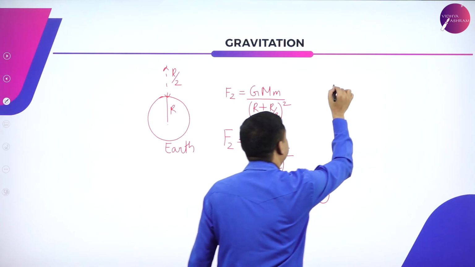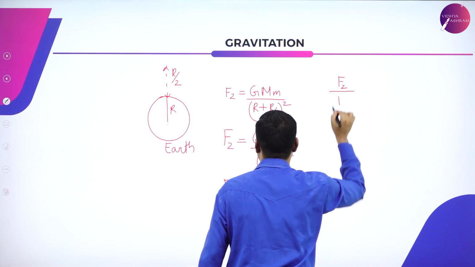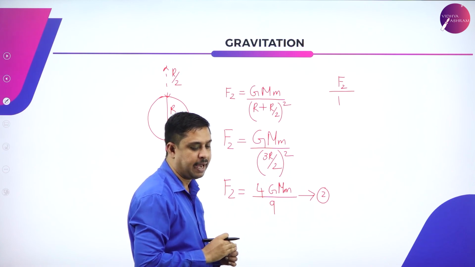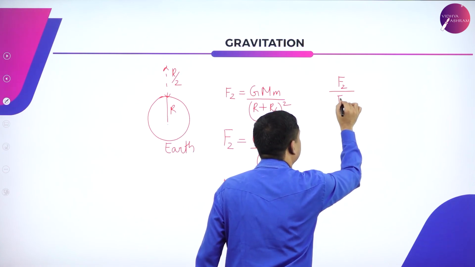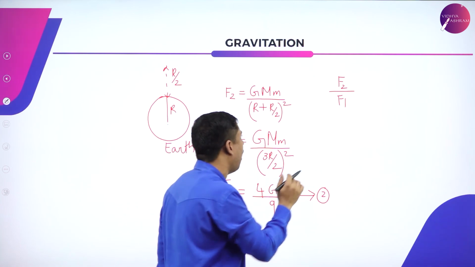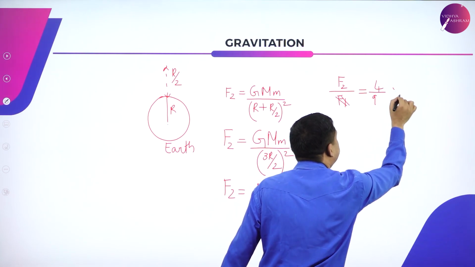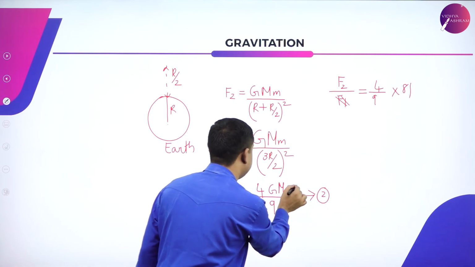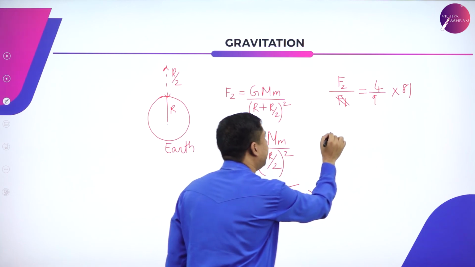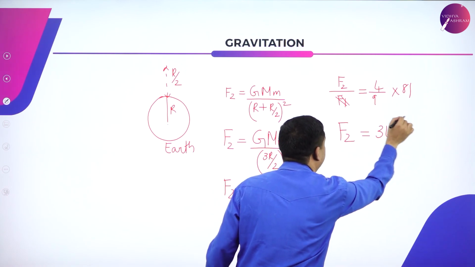So if we divide F2 by F1, so what remains when we divide F2 by F1? Or F2 will be equal to 4 by 9 into 81. This gets cancelled. 4 by 9 into 81, or F2 is 36 Newton.